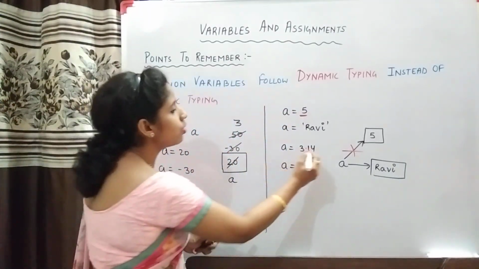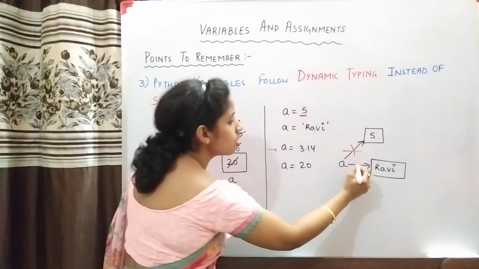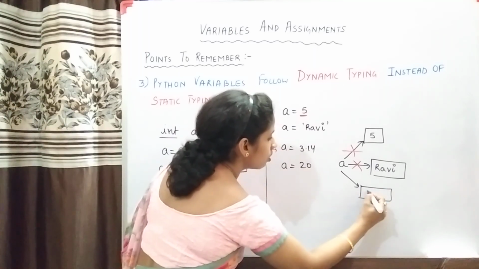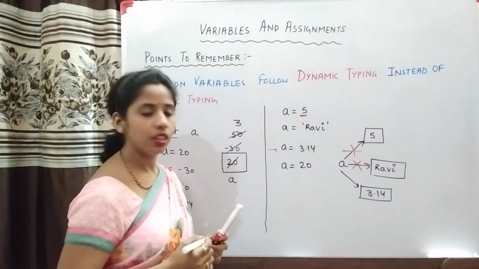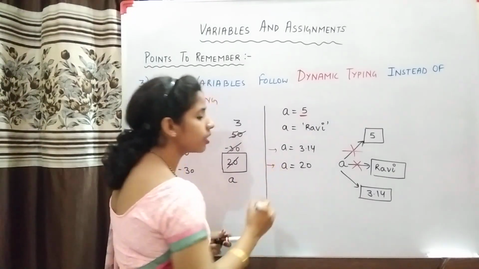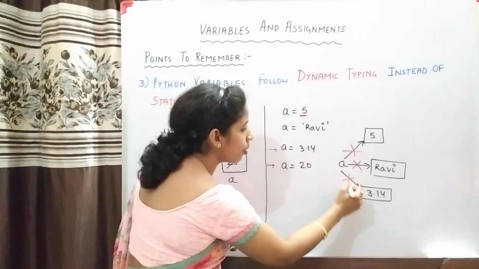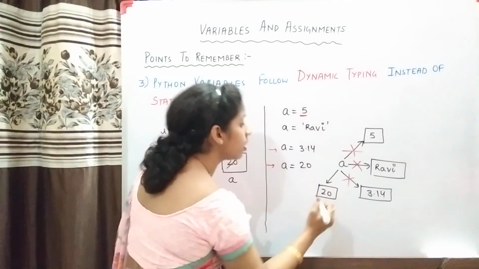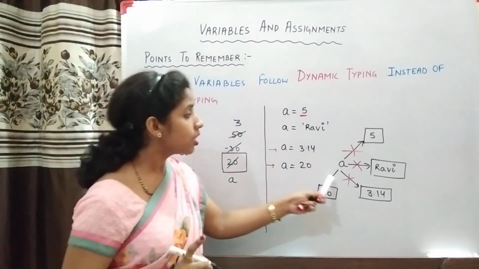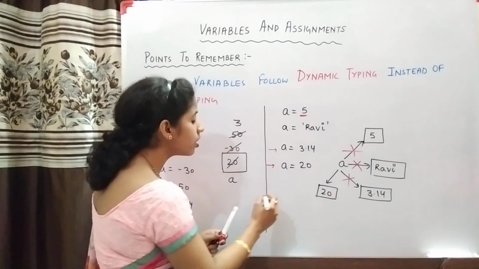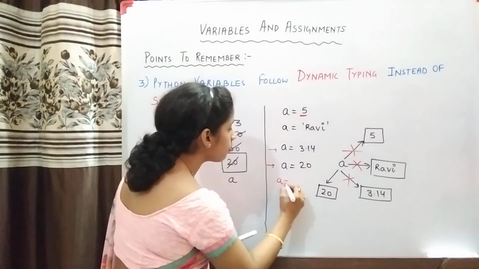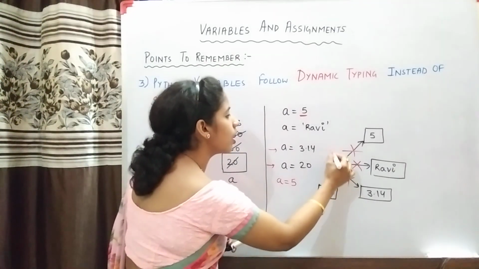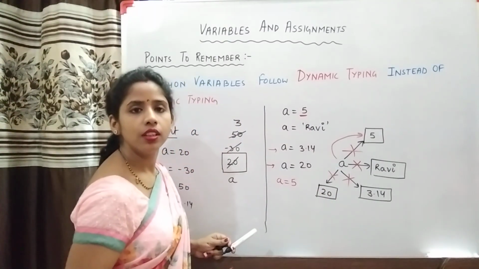Okay, now when you execute this line, it will stop pointing to Ravi and it will start pointing to a new location where the value 3.14 is present. Okay, and when you execute this statement, then again a will stop pointing to 3.14 and it will start pointing to 20. This is a very very important point about Python variables, their memory representation, remember. And after this line, if I again assign 5 to a, what will happen, a will stop pointing to this and it will again start pointing to 5. Clear?